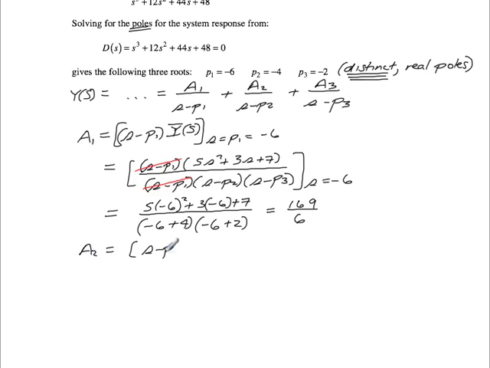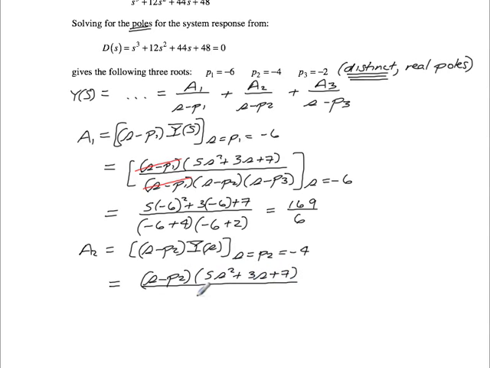We repeat the same process here for A2. A2 is (s minus p2) times Y(s), and we evaluate that product at s equal to the second pole, which we see here is minus 4. Again, I'm going to multiply by s minus p2. The numerator is 5s squared plus 3s plus 7, divided by the factored form, s minus p1, s minus p2, s minus p3.